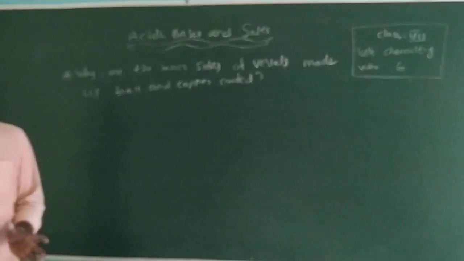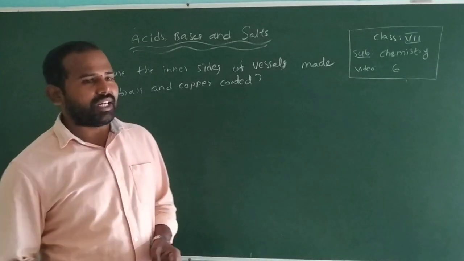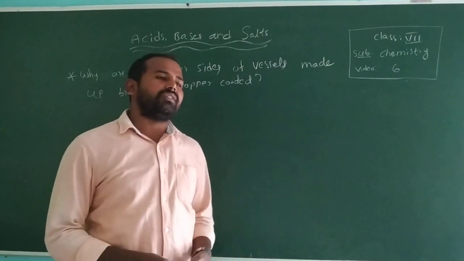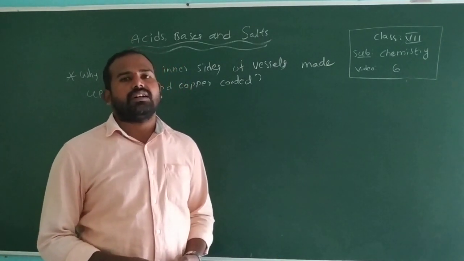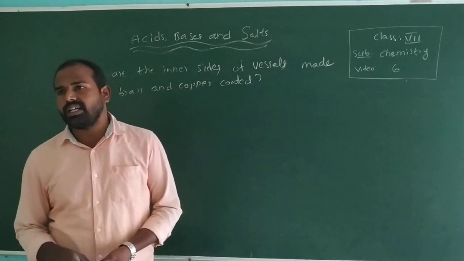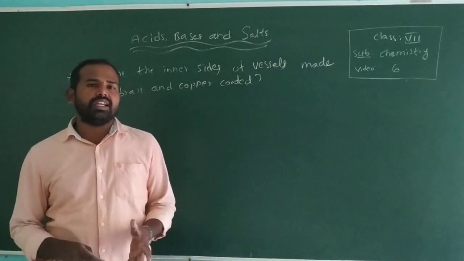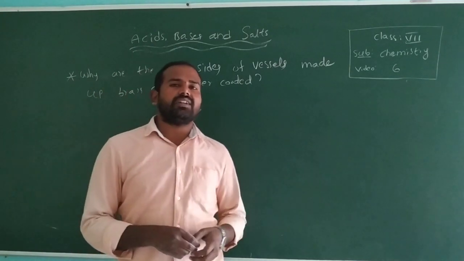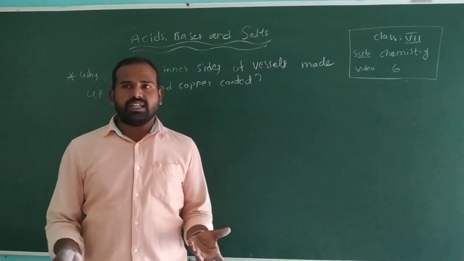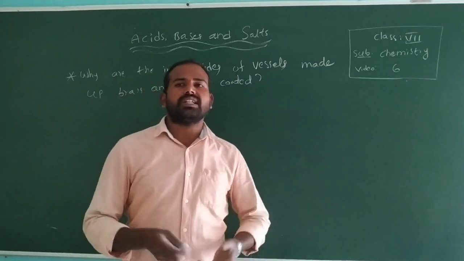If pickles were stored in metal containers, metals react with acids, and what happens? Pickles may spoil. Why are they spoiling? Metals easily react with acids, and most of the pickle contains acids.